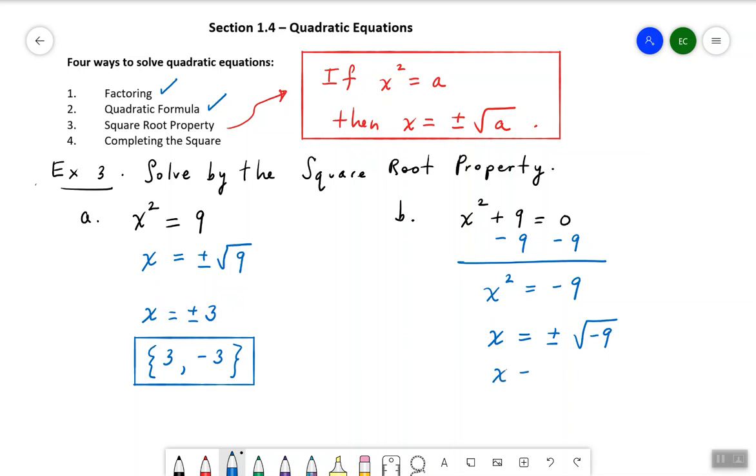And so we've talked about simplifying the square root of negative 9. That would be that the negative comes out as an i, and then the square root of 9 is 3. So we're going to get plus or minus 3i. And we could write that with the set notation.